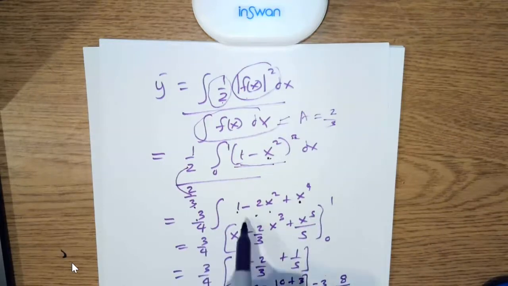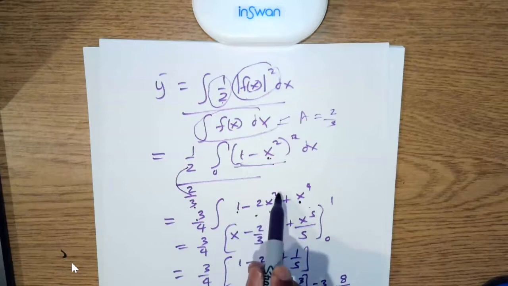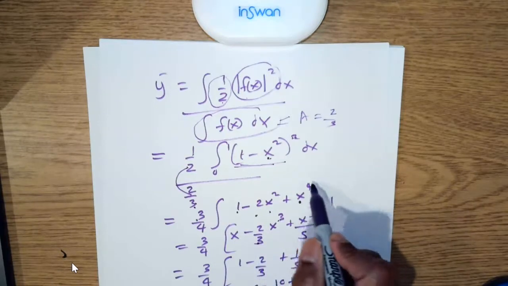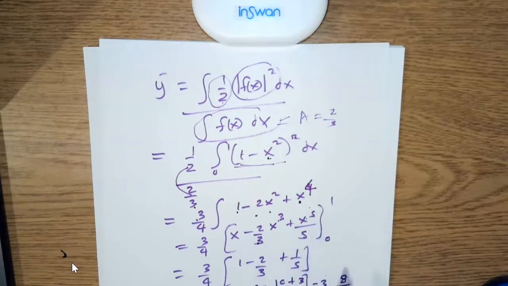So 3/4, when you integrate this one, you get the integral of 1 is x, 2 times the integral of x squared is x to the 3 over 3, and the integral of x to the 4 is x to the 5 over 5, and then you put the limits 0 and 1. When you put the top limit, you get 3/4 times 1 minus 2/3 plus 1/5. When you put the bottom limit, you just get 0 because everything becomes 0.